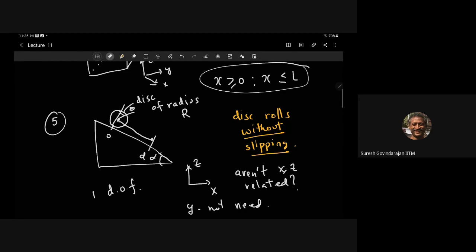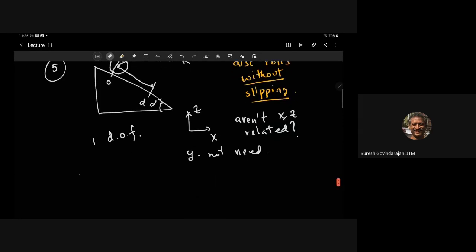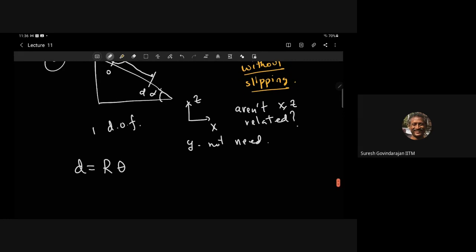Because it's a disk without slipping, d is related to theta by d equal to r theta, but theta is in radians. So question to you: is theta an angle here?